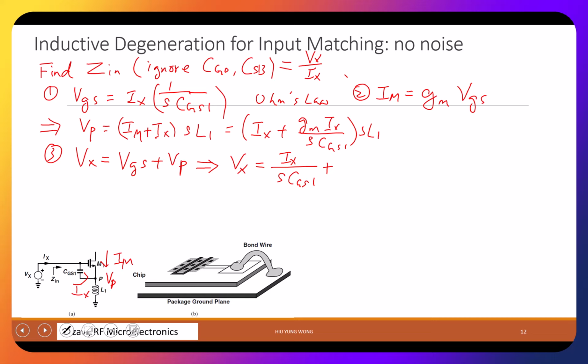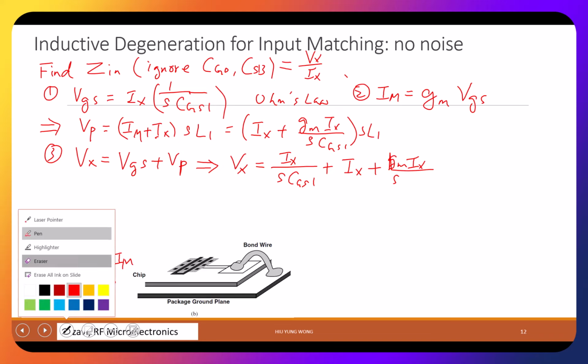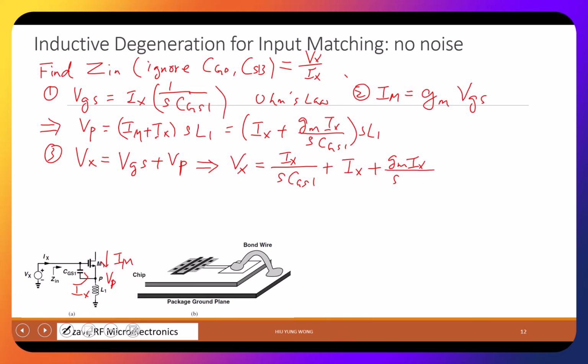And Vp is very long. I just copy everything: Ix plus gm Ix divided by sCGS1, times sL1. By using this, now I have Vx equals VGS, just this term, plus Vp, just this whole term. And now I have everything in Vx and Ix.